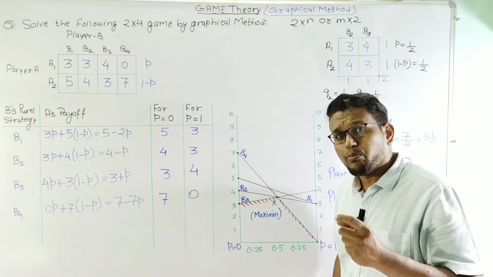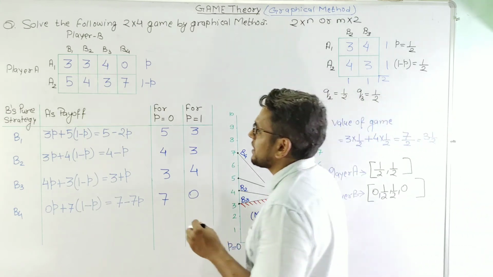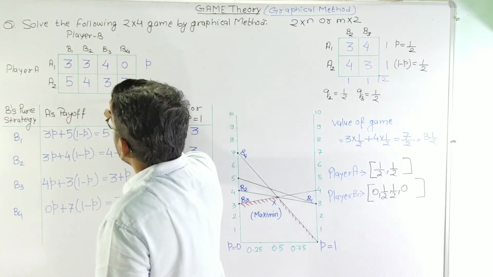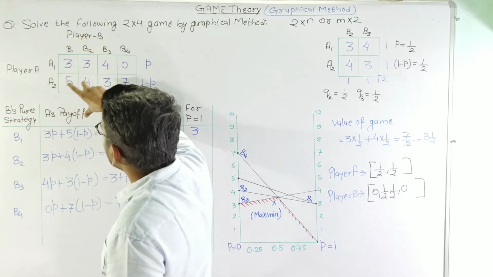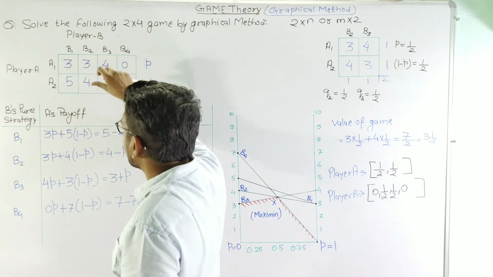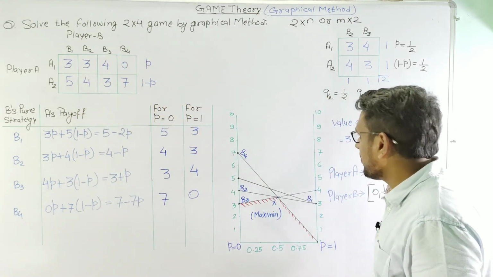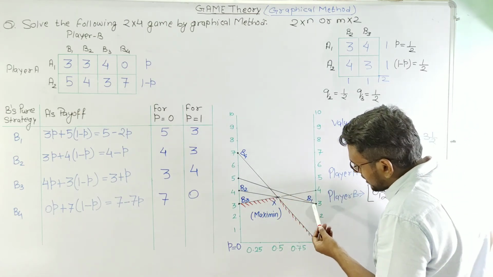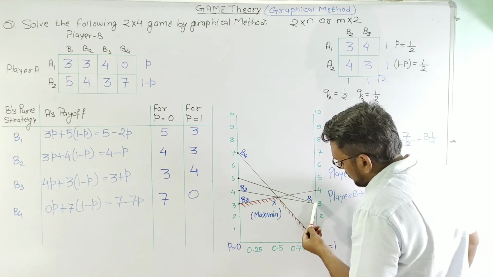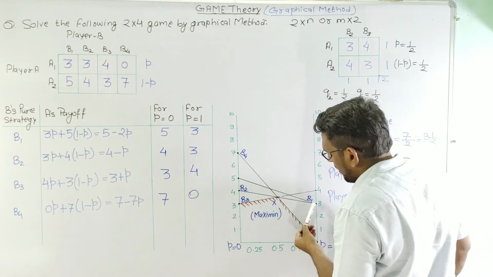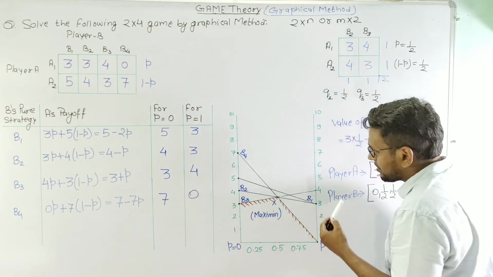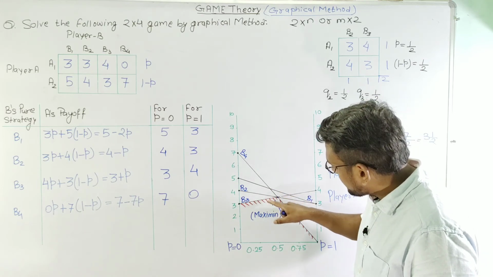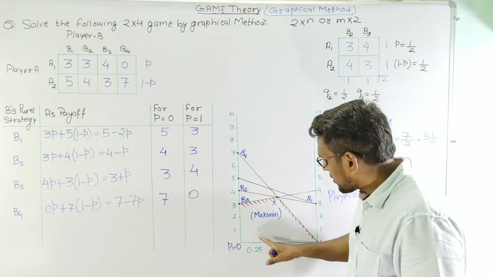Now let us consider one more point. Earlier in this question we said that although this matrix can be reduced by dominance, we were still eager to take strategy B1 and solve this by the graphical method. Now what effect does B1 have? In this graphical method we can see that strategy B1 is from 3 to 5, or we can say from 5 to 3, and this strategy line of B1 does not interfere with the feasible region here.